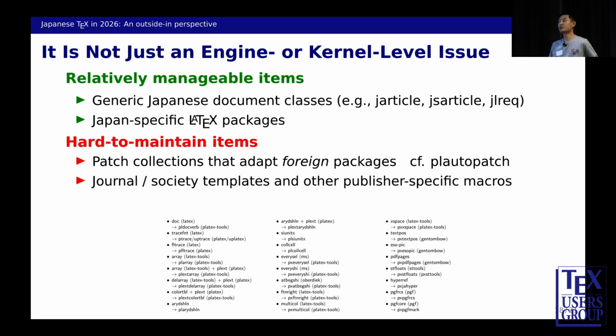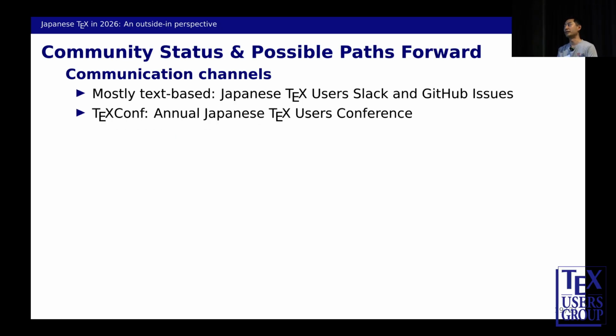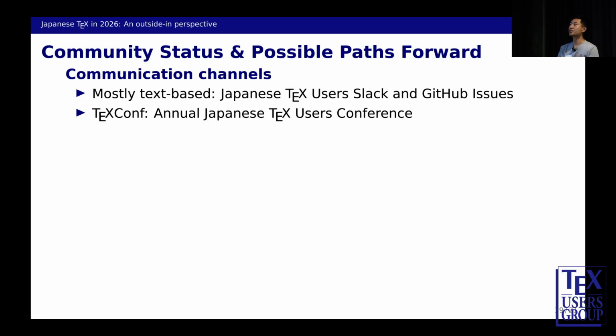So I'm not sure if they could follow these radical changes that happen these days. So these kinds of long tail legacies make a clean break from pTeX extremely hard or merely impossible. So yeah, that's the situation.